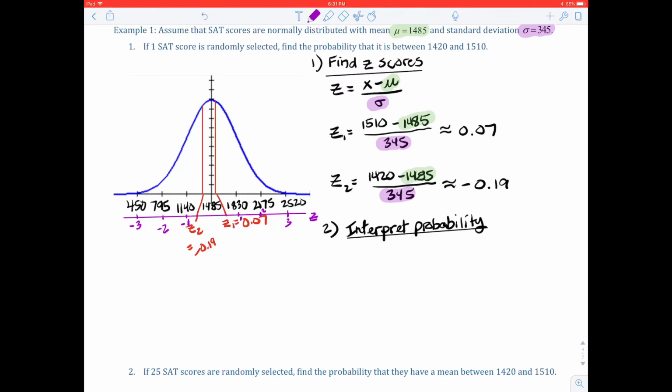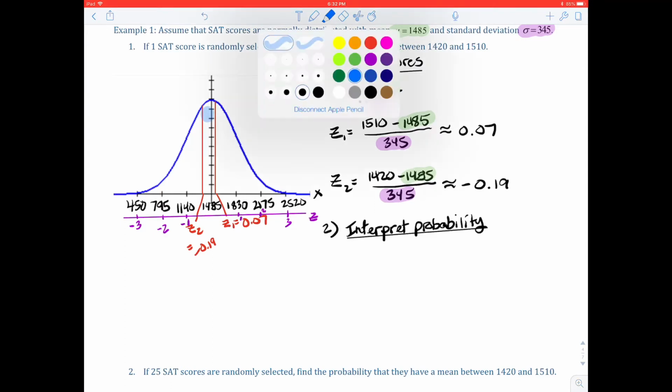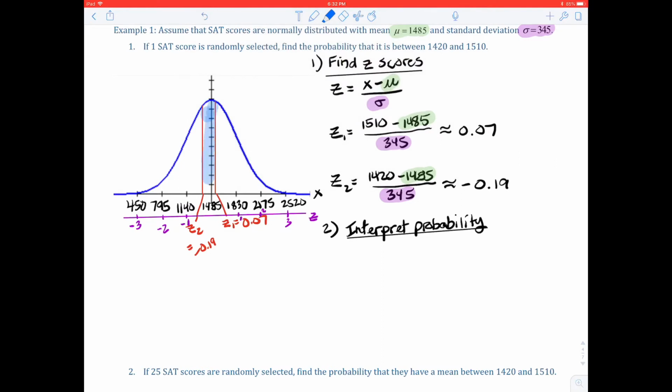Those are all Z values. And the first scale that we had were about X. Cool so far? So the probability that we're looking to find is this one right here. This is our actual probability that we're looking for, right in here.